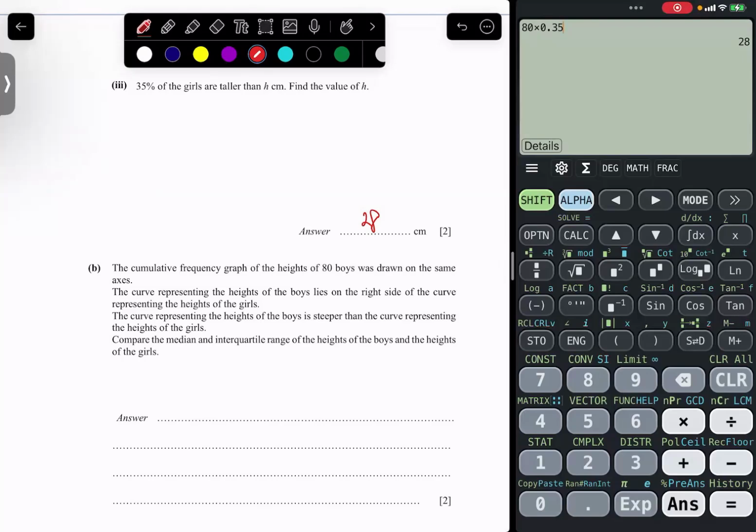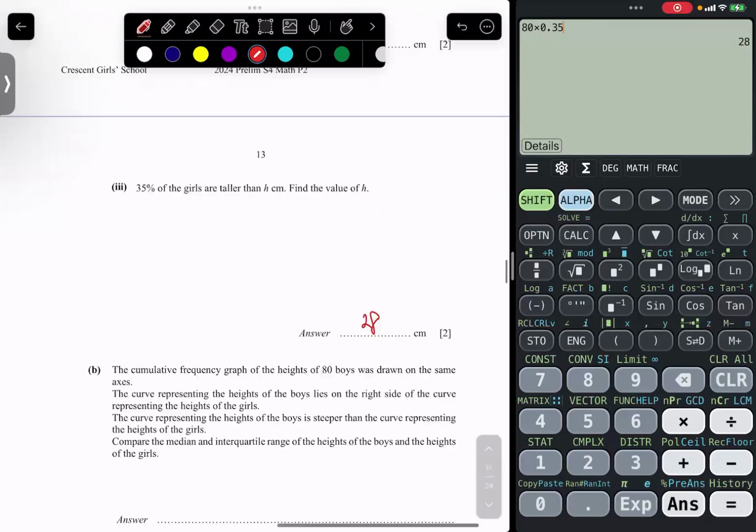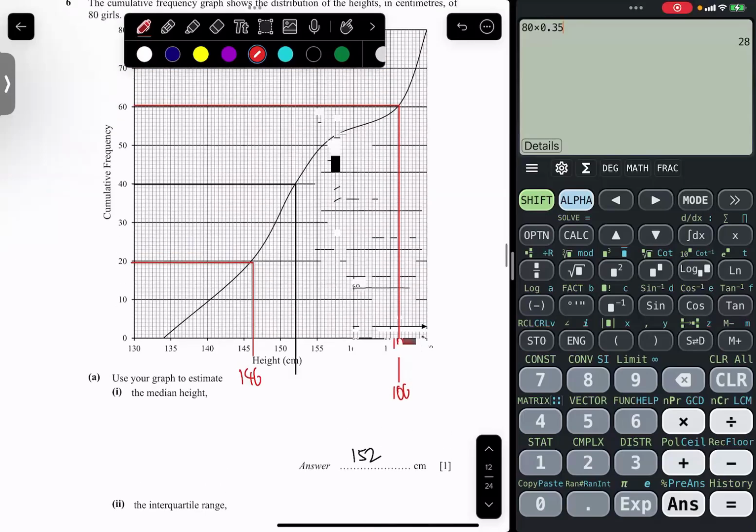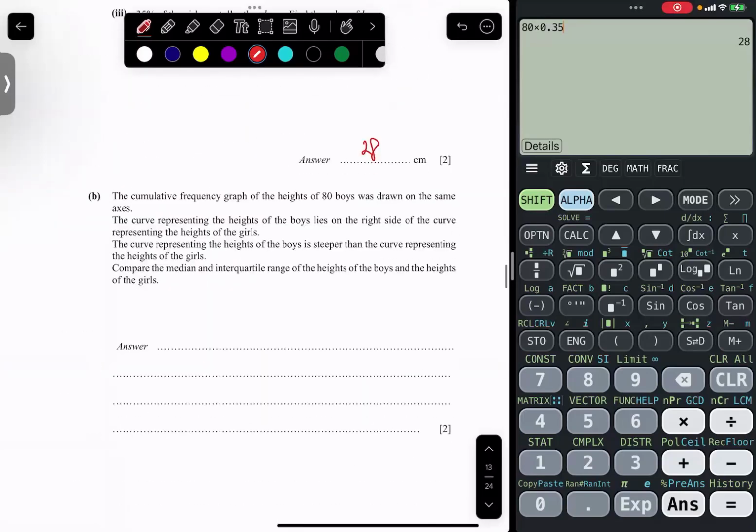Compare the median and interquartile range. So median is higher, interquartile range is smaller, right?